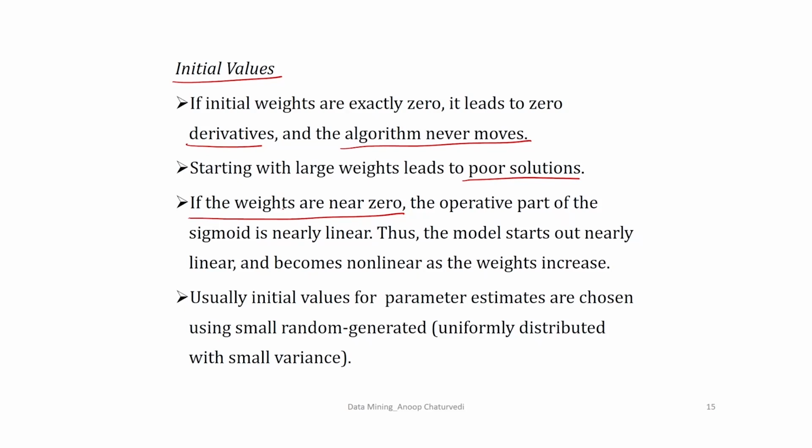If the weights are near to 0, then the operative part of the sigmoid is nearly linear. So, if you are using small weights, the model starts out nearly linear, and when we update the weights and the weights increase, the model moves towards non-linearity.